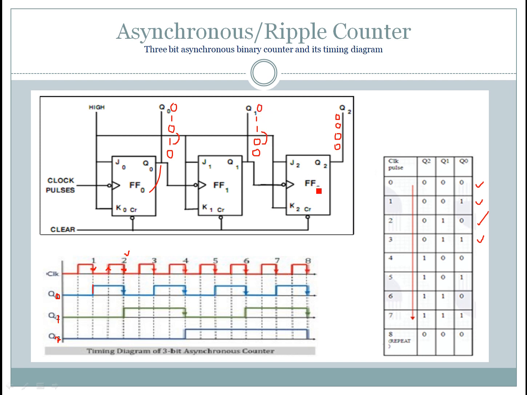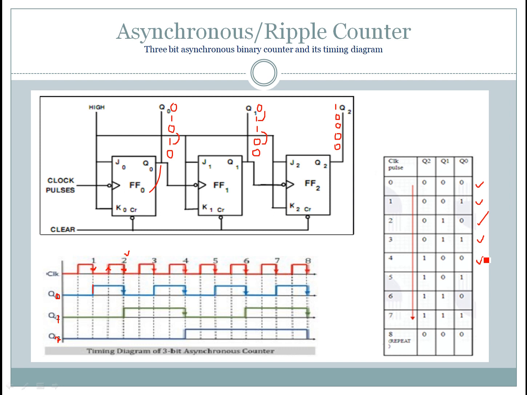So now what about the output of FF2, because here the transition is 1 to 0, so 1 to 0 is nothing but a negative edge, so the Q2 changes its state from 0 to 1. Now the output is 1 0 0, that is the next state.